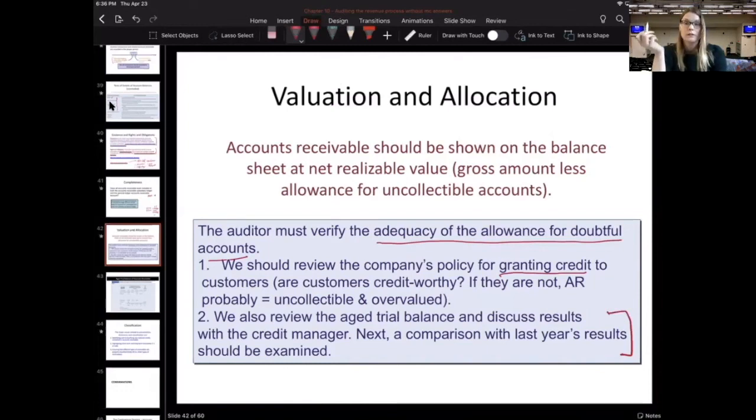And another big procedure here is comparing historical write-offs to the amount that sits in allowance for doubtful accounts, right? If historical write-offs are about 3% of AR and allowance for doubtful accounts are about 3% of AR, then we know we're kind of on the right track.